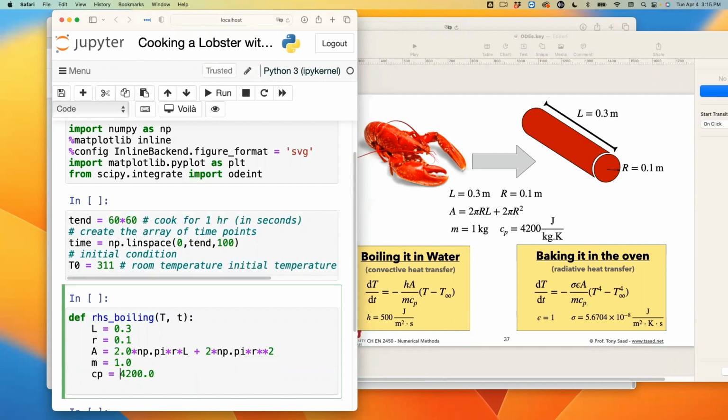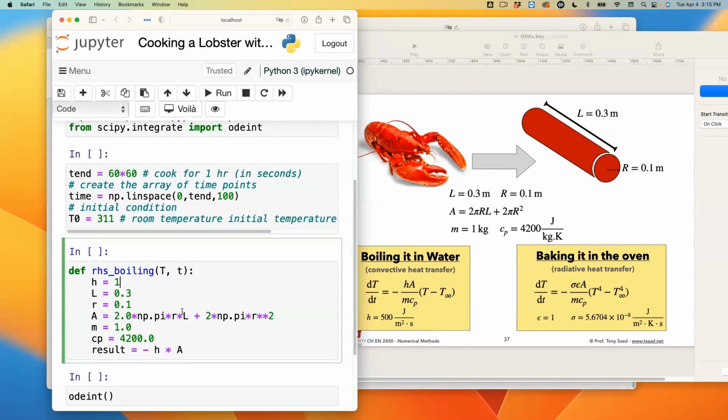Finally, result is equal, that's my right-hand side, minus h times A. Oh, we didn't define h. So let's define h. Let's say this is equal to 1 or 10. We're going to play with that number.